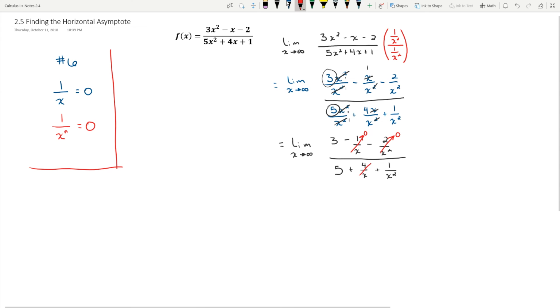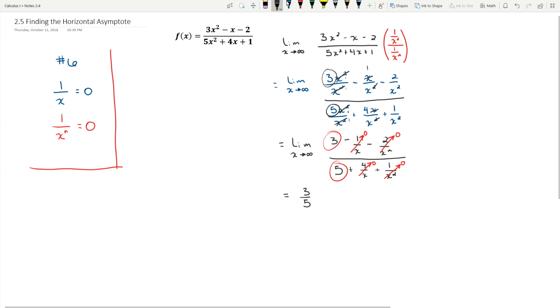So each one of these, if you were to build a table, you would find that it's approaching 0. And that means that we are left with our limit as x approaches infinity of 3/5.